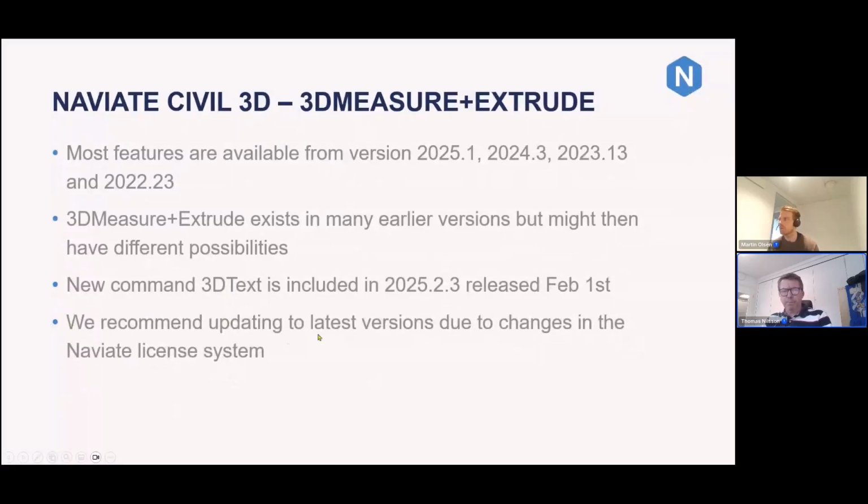We really do encourage you to update to the latest versions. This is due to a license change that we made in these past versions, the ones I present up here.